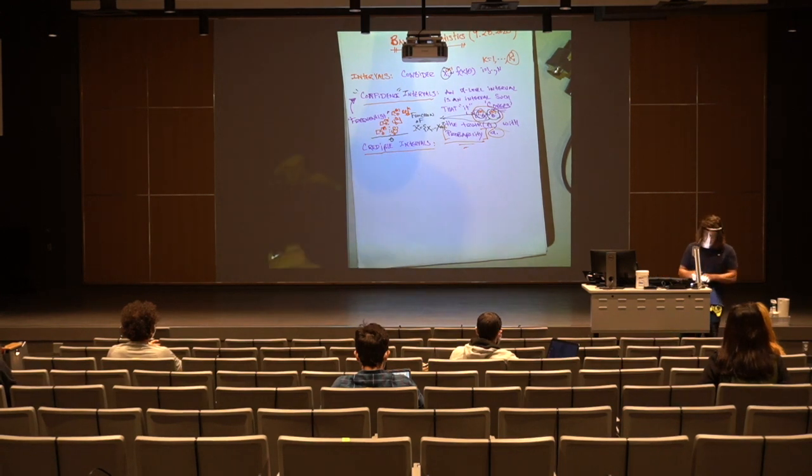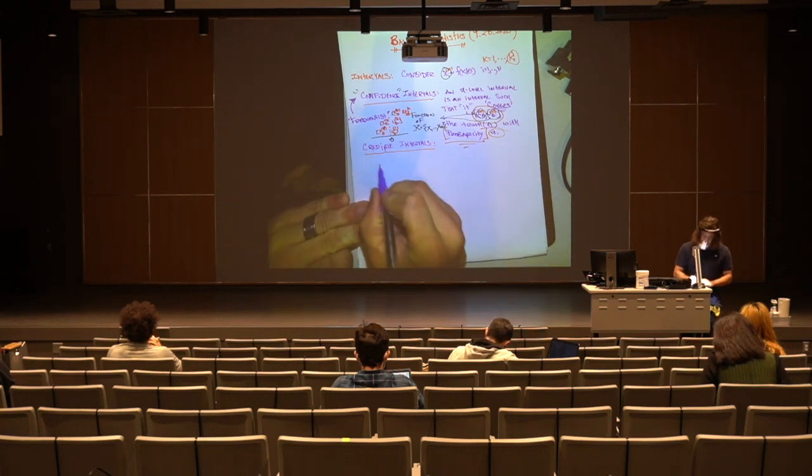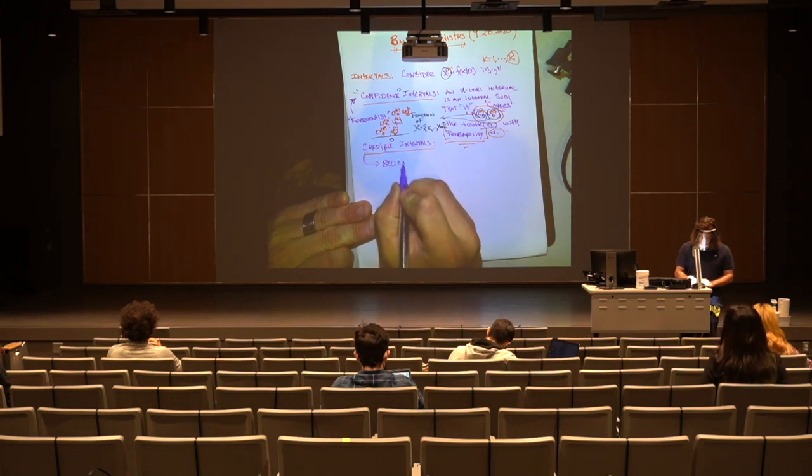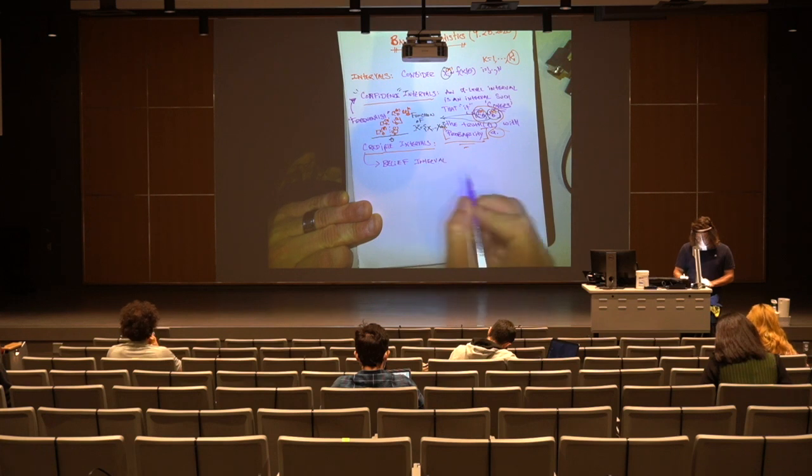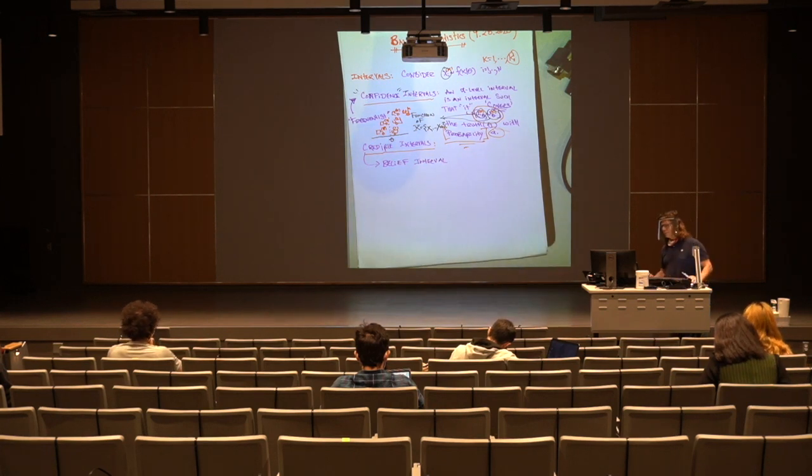Now, a credible interval, this is what Bayesians play around with. This is a belief interval. Tells you where you think theta is.